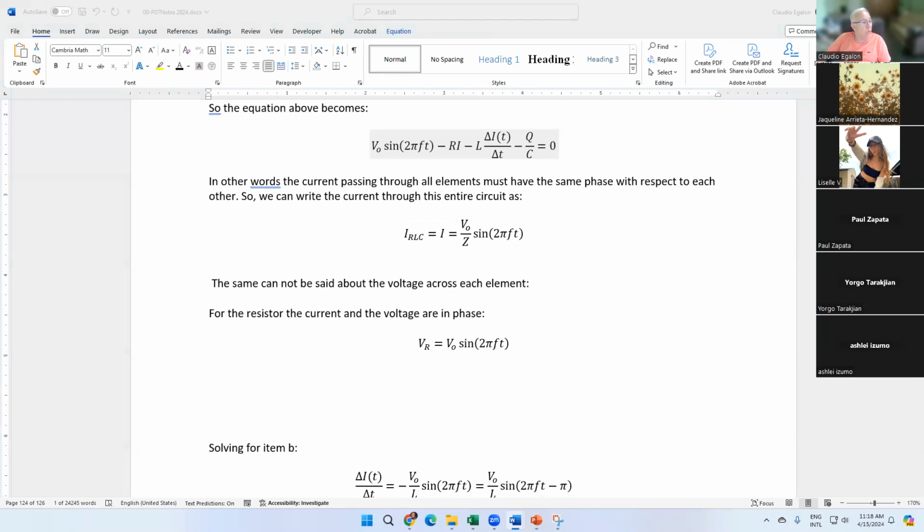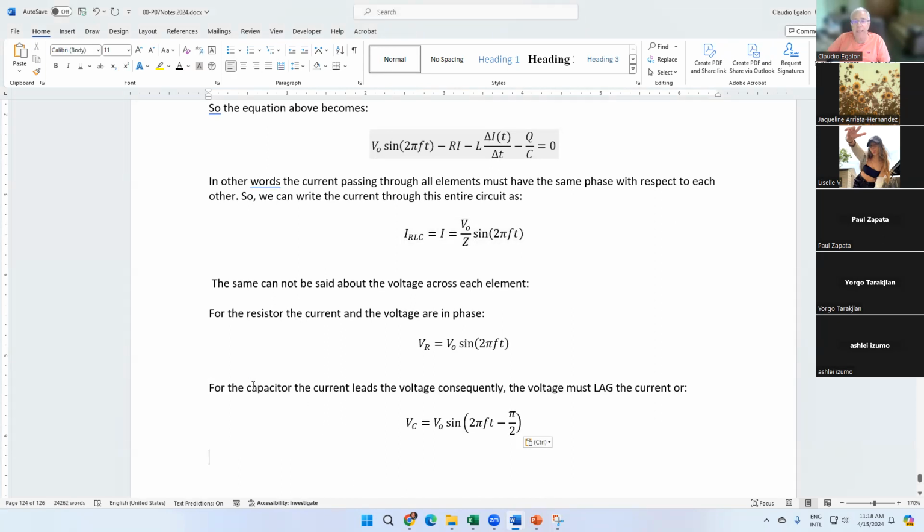And we also know that the current of the capacitor leads the voltage in the capacitor. What does it mean? It means that the voltage must lag the current, right? If the current leads the voltage, it means that the voltage lags the current for the capacitor, okay?